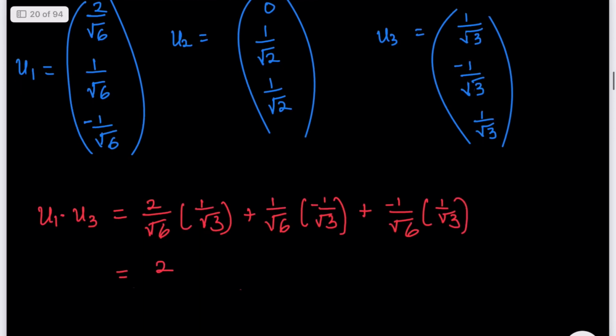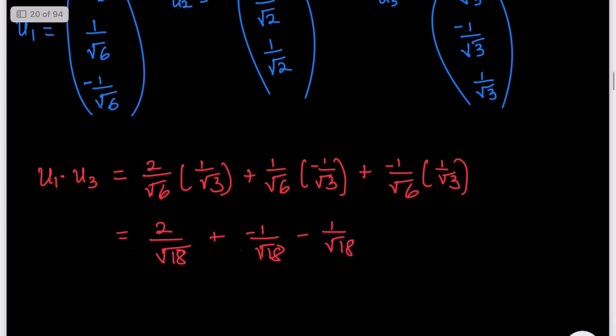So we are going to have 2/root 18 plus -1/root 18 minus 1/root 18. So we have 2/root 18 minus 2/root 18, and this is equal to 0. So in this case also u1 and u3 are orthogonal vectors.